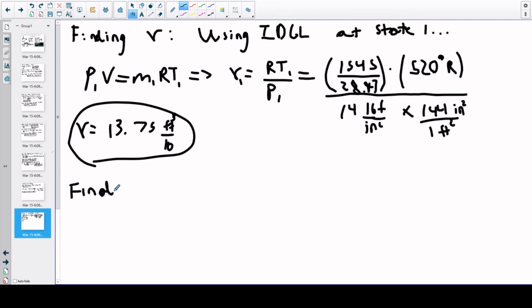So then we move on to finding the mass flow rate. The mass flow rate uses the work net equation. We were given work net in this question: it's 5 times 10 to the 6 BTUs per hour.